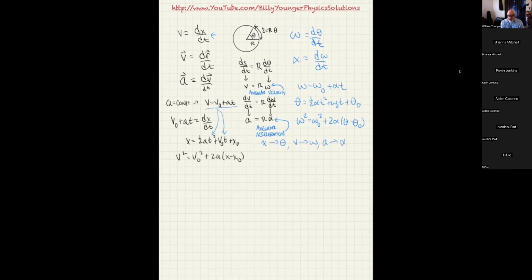And in fact, you have a new equation that relates all these right here. a equals r times alpha, and v equals r times omega. And what I have to tell you is that this velocity is tangential. And this acceleration is tangential.